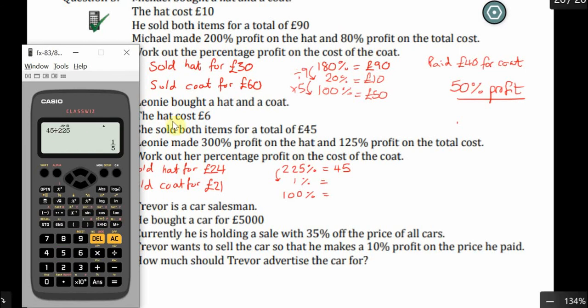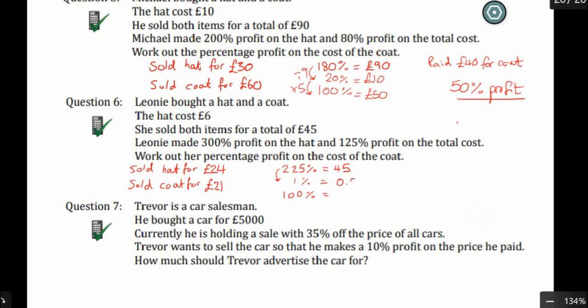So that's 1/5, 0.2, or 20p in this case. So 100% is £20. That's what she bought both for.